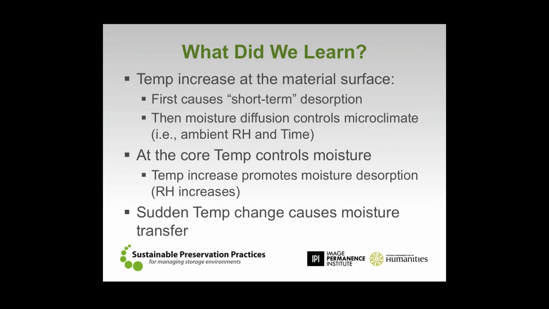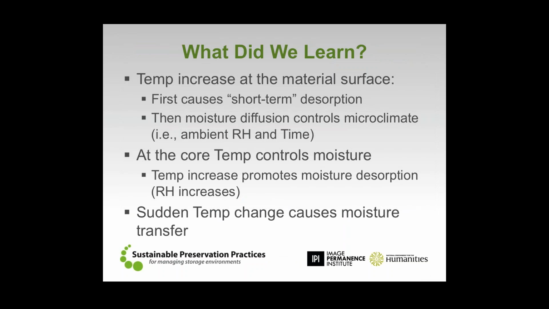So to sum it up, what did we learn? What were we able to take away from this? Well, the first part is the temperature increase in the material surface, that was kind of fascinating, right? Initially, when we increased the temperature in the ambient environment and that temperature change was felt inside of the container, it caused that short-term desorption. As the temperature of the object went up, it released some of its moisture into that microenvironment inside of the box.